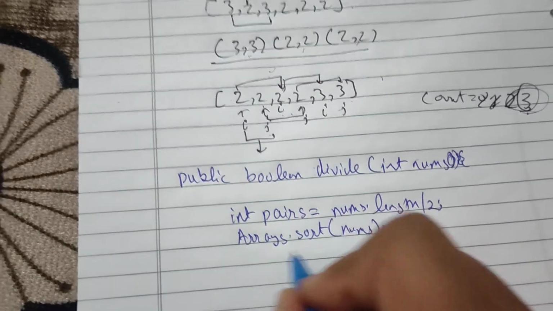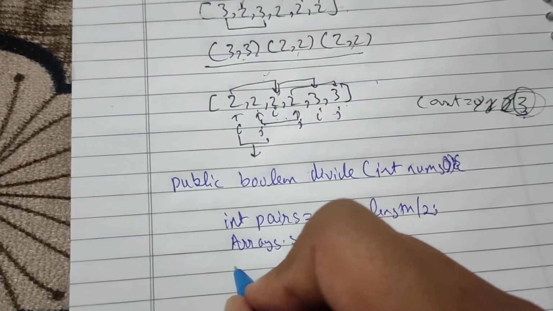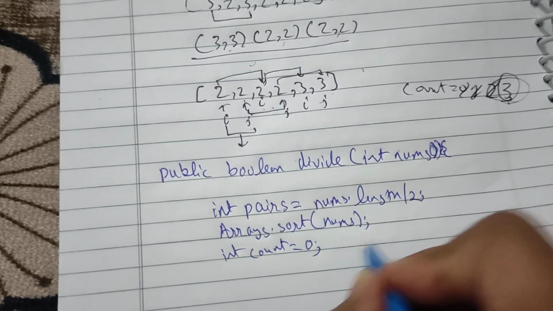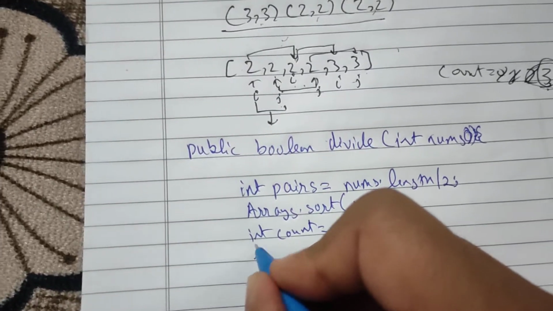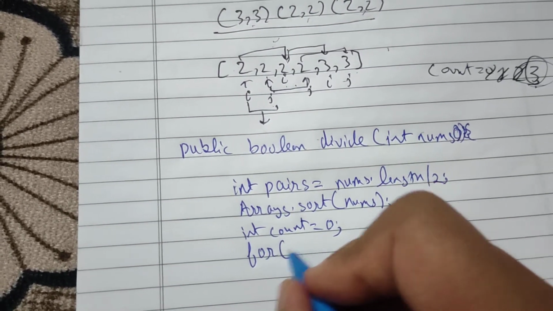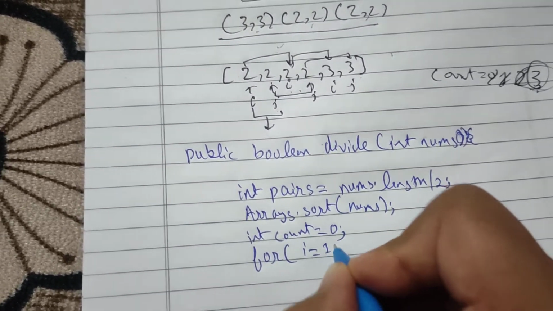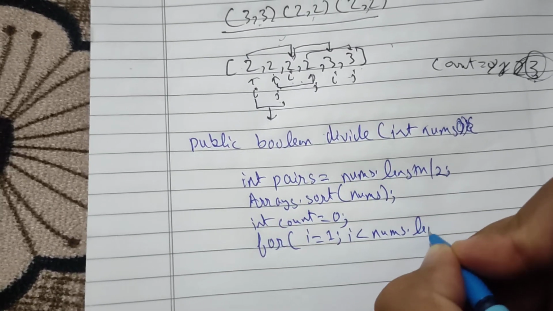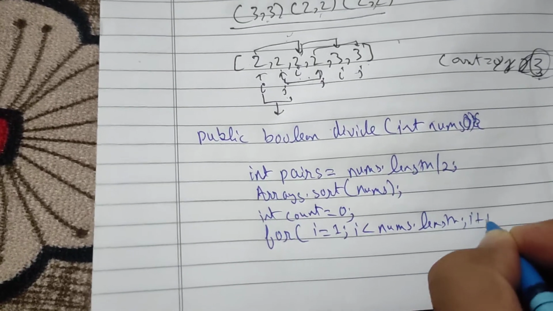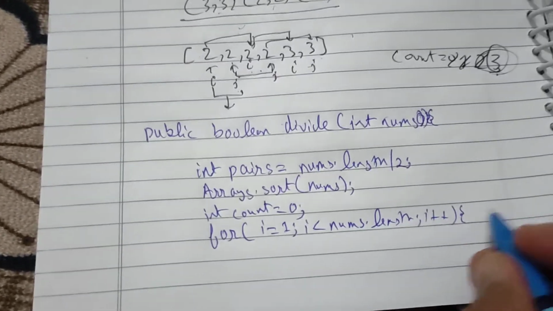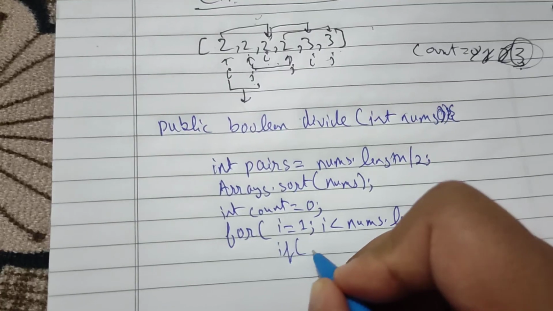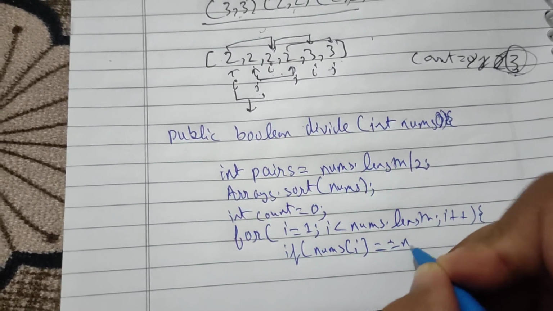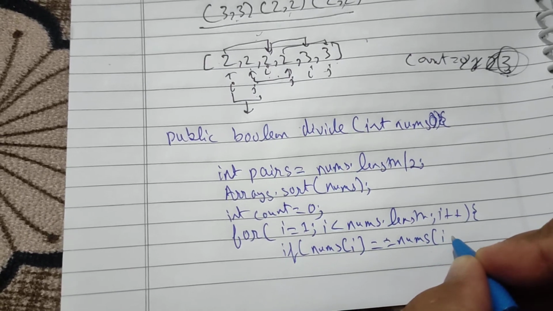Then I will create one count variable over here. Then I will run a for loop. My for loop will go from i equals 1 to i less than nums dot length. Then I will check if nums of i is equal to nums of i minus 1.